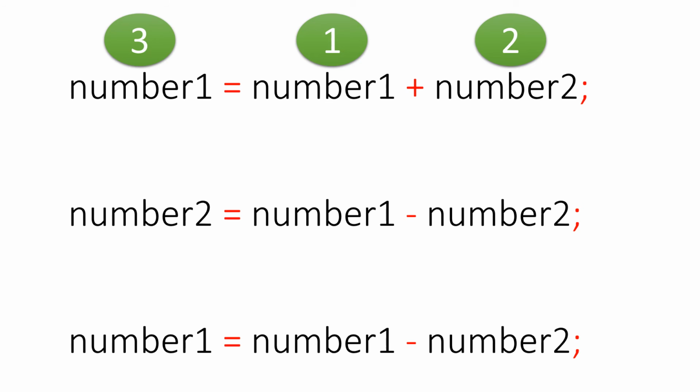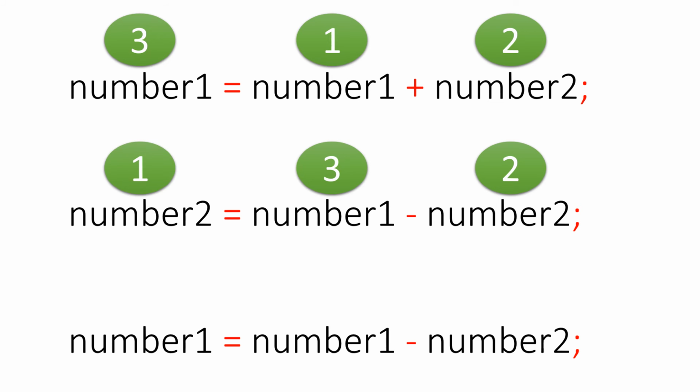Then in the second statement, we took number 1, that is 3. Then we subtracted number 2, which was 2. 3 minus 2 became 1. So ideally, number 2 is now 1.